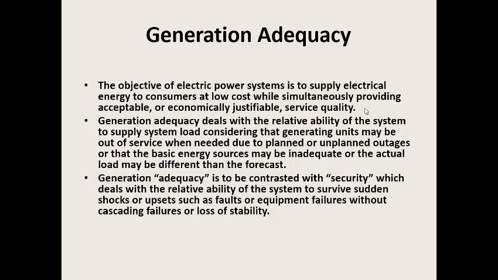Some generating units may be put on planned maintenance. And in some cases, like hydropower or wind power or solar power, the basic energy may not be adequate to produce enough power. So all these factors need to be considered in planning for the future.